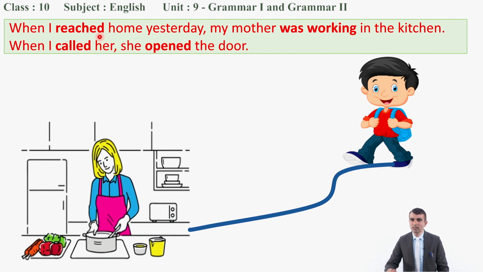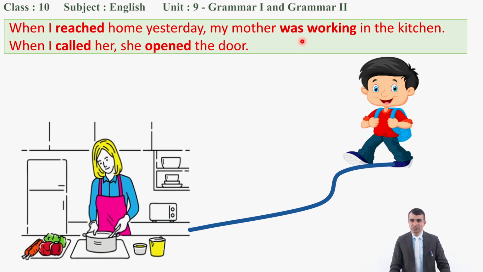For the event, what tense do you use? Good. We use simple past or past simple for an event. And for a circumstance or situation? Good, past continuous.